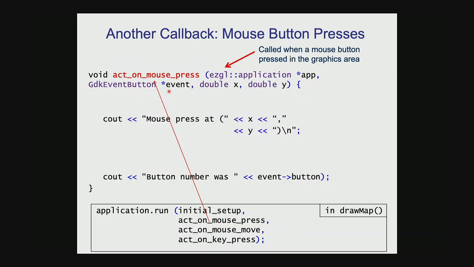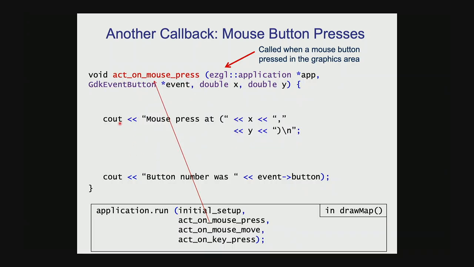When you press on a button on the screen, ECE297 detects that and stores it in this event object, and you can use that to figure out whether a button was clicked or not, okay? And then the X and Y coordinates of where the mouse was clicked. ECE297 will detect that and pass these parameters to you.